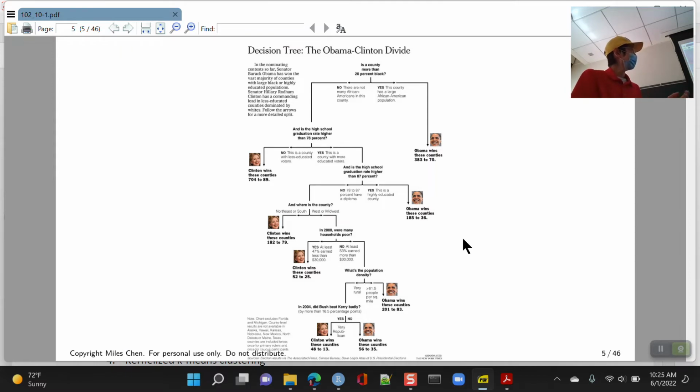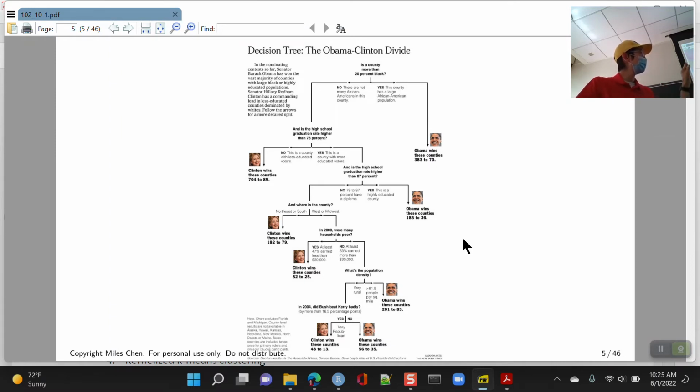And they did a decision tree. And the decision tree is simple enough for, I think, a reader to read and understand. Once you start doing bagging and random forest, it gets more complicated, okay?